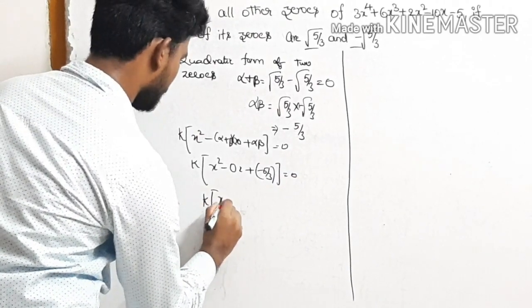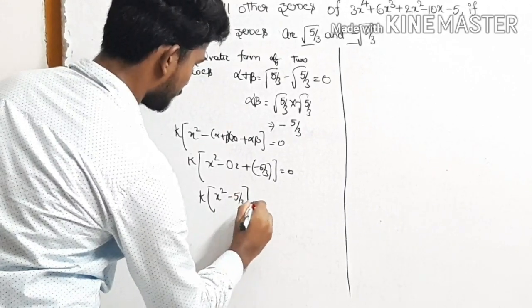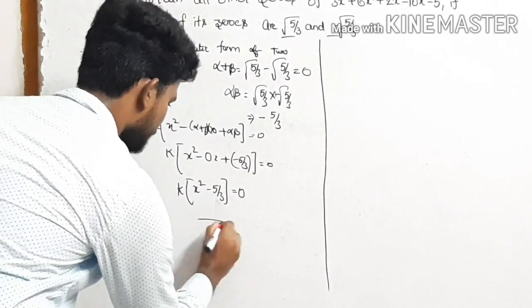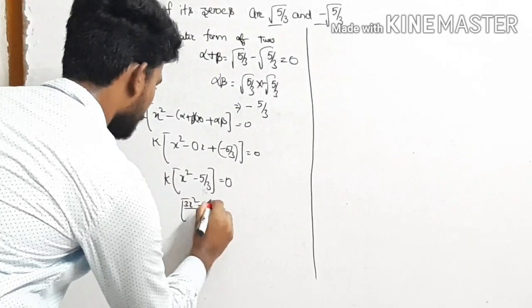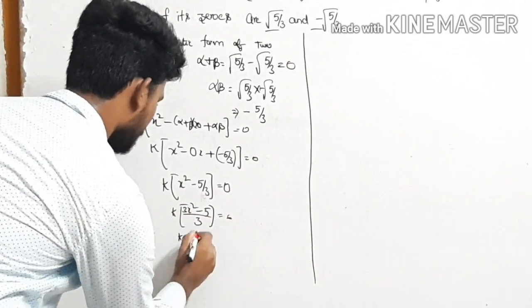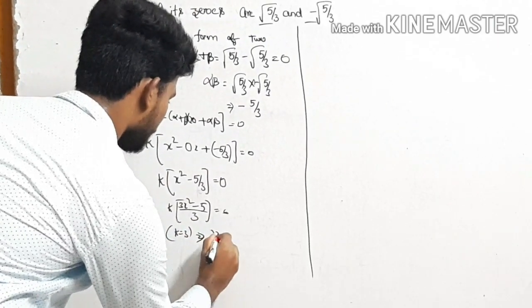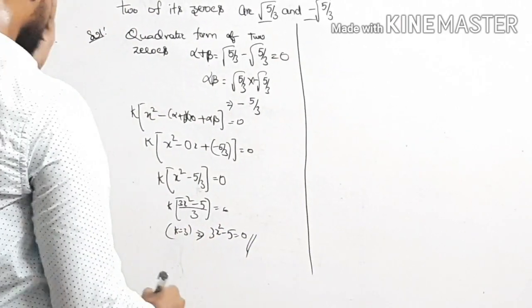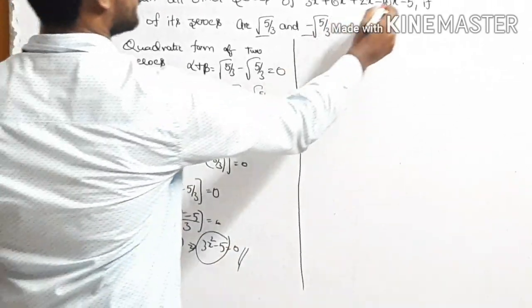K into x square minus 5 by 3 equals 0. Then take LCM as 3x square minus 5 equals 0. Then k equals 3. If k equals 3, then 3x square minus 5 equals 0. This is the quadratic form. Then divide this equation by 3x square minus 5.